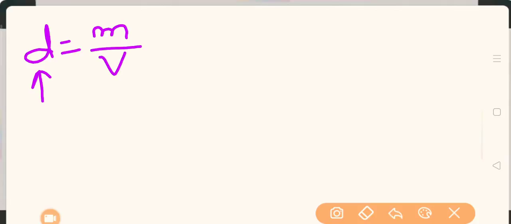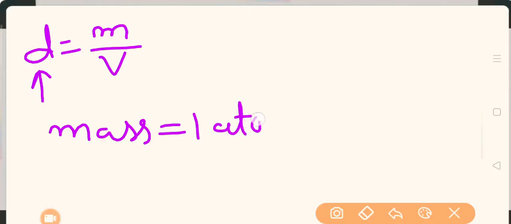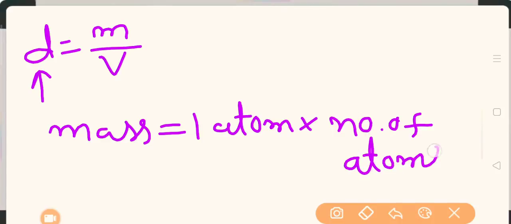First of all, let us discuss the mass of the unit cell. The mass of the unit cell is usually obtained from the constituent particles of the unit cell. The constituent particles have their own mass. Let us assume they are atoms. So the mass of one atom multiplied by the number of atoms in the given unit cell.